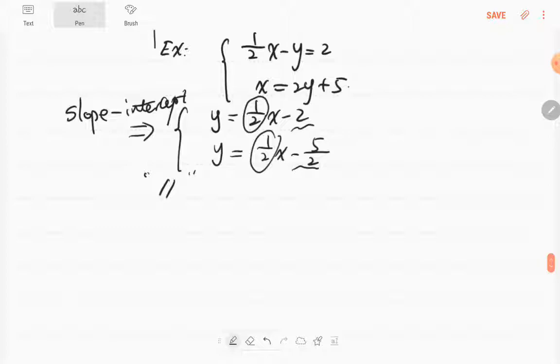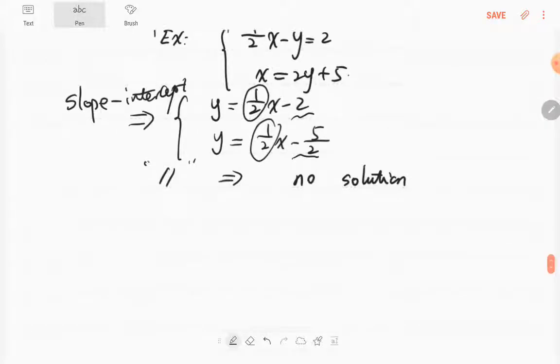We call it two lines are parallel. If two lines are parallel, they do not have intersection points, we will say no intersection points, no solution. So we determine the number of the solution for this system is 0, right? No solution, so the number is 0.